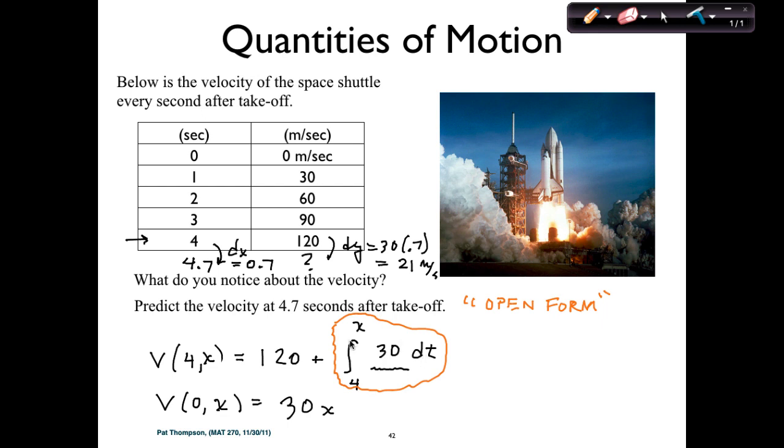And what does the integral symbol mean? It stands for accumulation, summing up all these little variations in velocity. So 30 times dt gives me a little variation in velocity, and the integral means sum all those up, starting from 4. There's all this meaning packed into that. It explains exactly what's going on. So this reflects meaning and process.